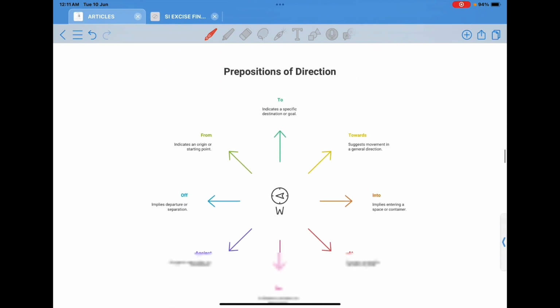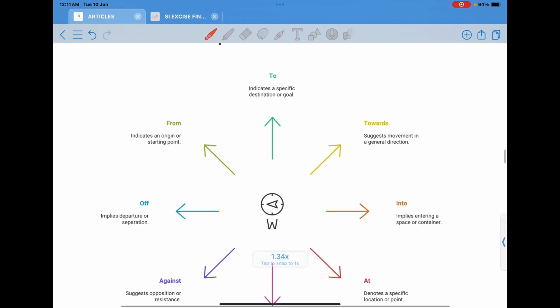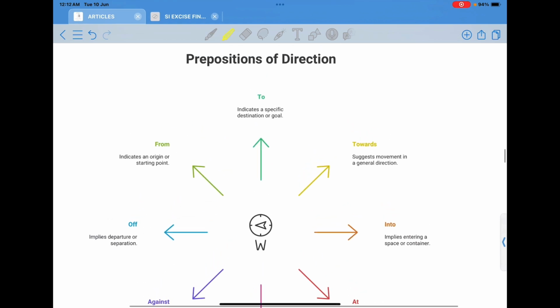Next, now there are some prepositions related to directions. When we talk about directions, some prepositions are used. For example, when to use "to". To is used to express motion from one place to another. Basically it indicates a specific destination or a goal. For example, we walked to the river and back.